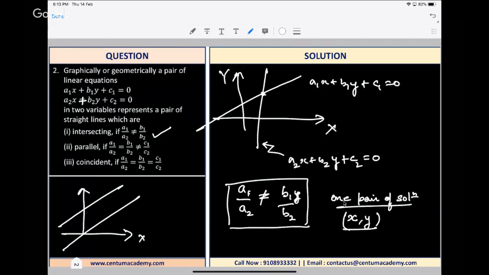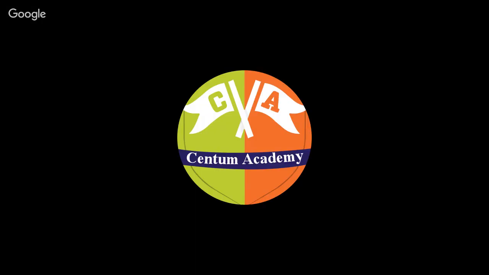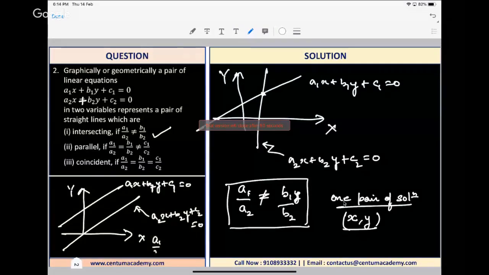So this is x, this is y, and if this is equation number 1, a1x plus b1y plus c1 equals 0, and this line is a2x plus b2y plus c2 equals 0. For parallel lines, a1 by a2 is equal to b1 by b2, which is not equal to c1 by c2.